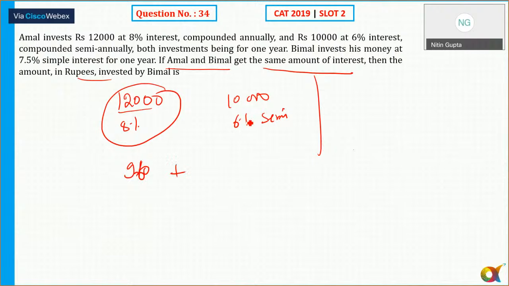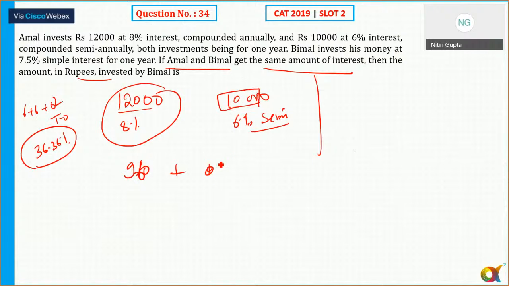Plus 10,000 at 6%, but semi-annually. So 6% is two successive changes. I need to find out the interest. So 6% two successive changes, that is 6 plus 6, plus 0.36, that will be equal to 12.36%. So which means I can say 12.36% of 10,000, which will be 1,236.